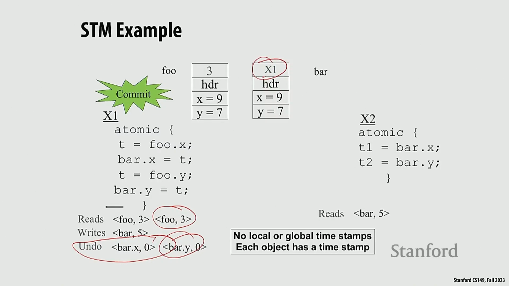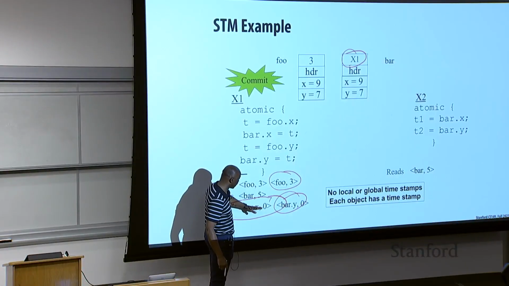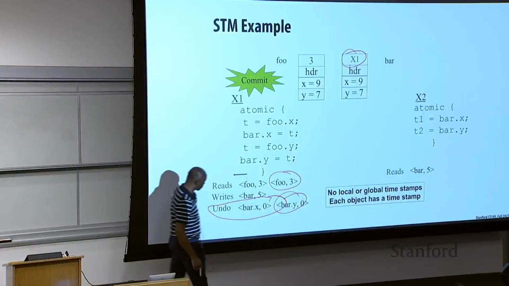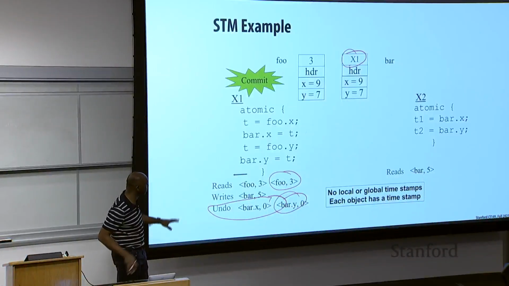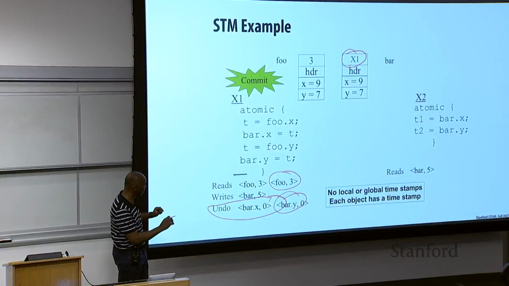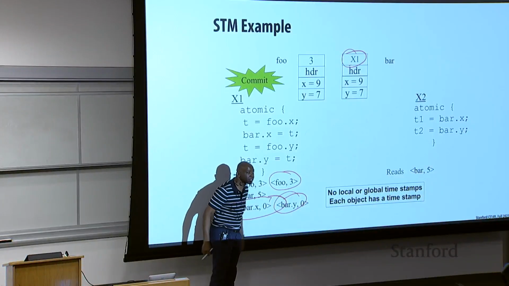You need, of course, to potentially use the undo log on a conflict. But to be completely correct, you're right. You should probably have another entry in here for the other write to bar.